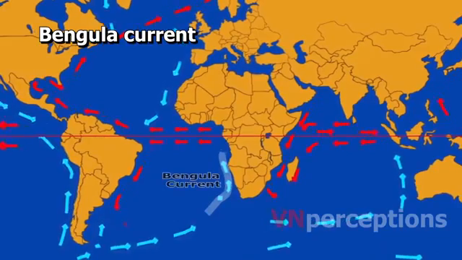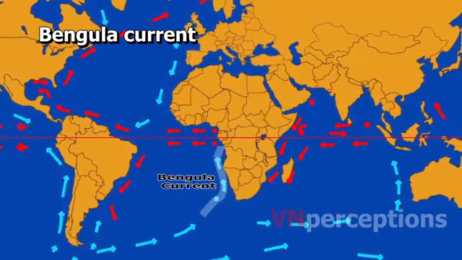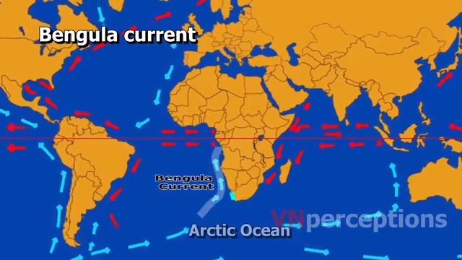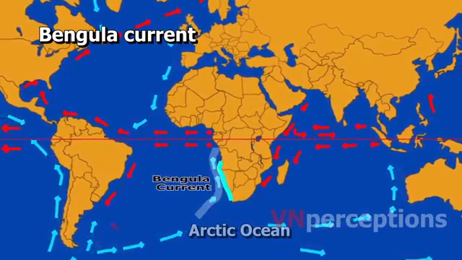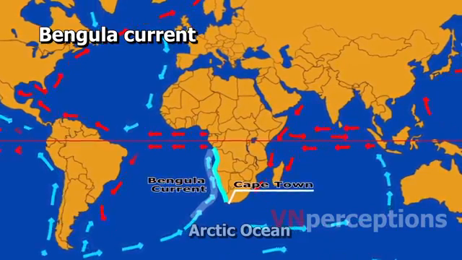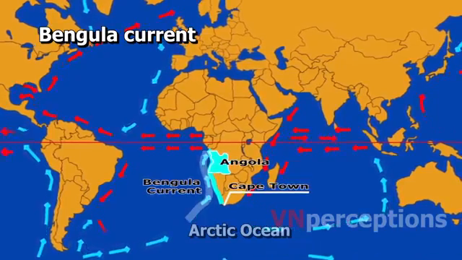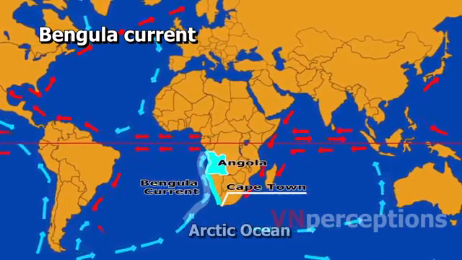The Benguela current is a cold water current which has its origin in the Arctic Ocean and flows along the coast of southwest Africa, generally between Cape Town in the south to the position of the Angola Benguela front in the north at around 16 degrees south.